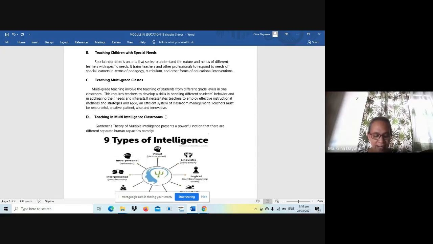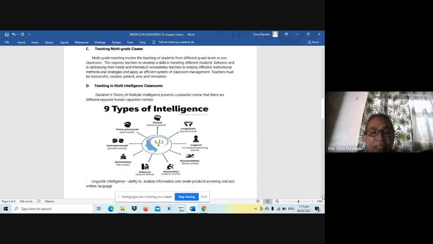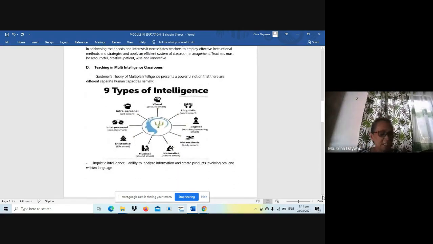Gardner published his book titled Frames of Mind that presented the concept of multiple intelligences. So we have the different human capacities, the types of intelligence according to Gardner's theory of multiple intelligences. According to this theory, there are different separate human capacities.